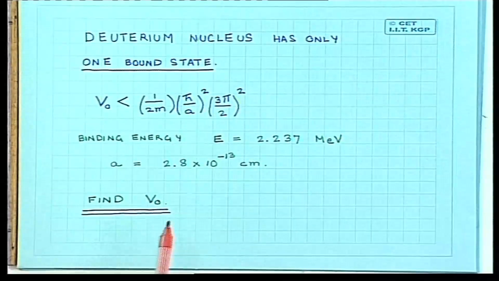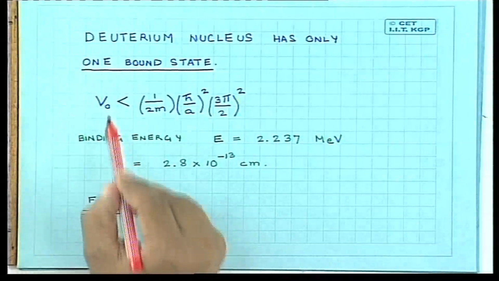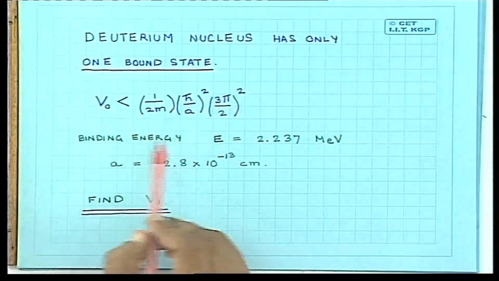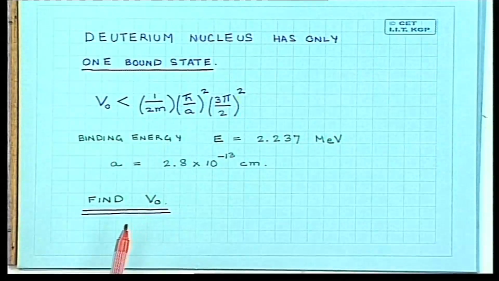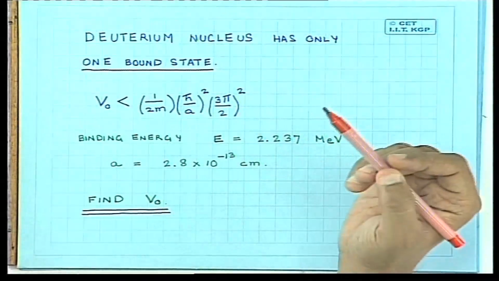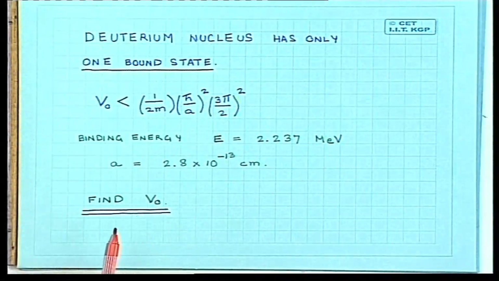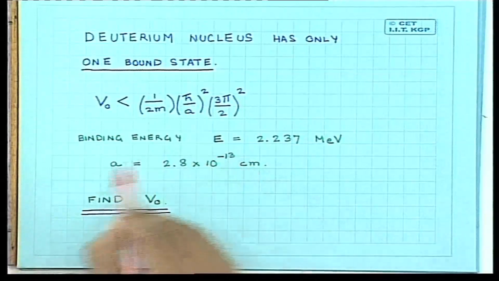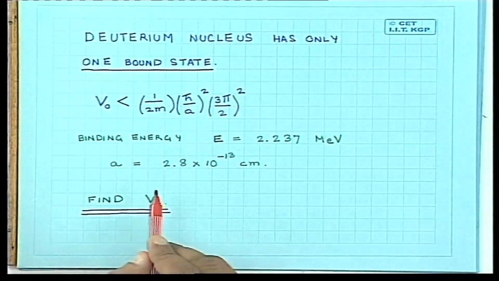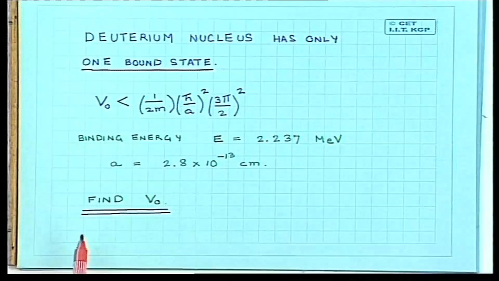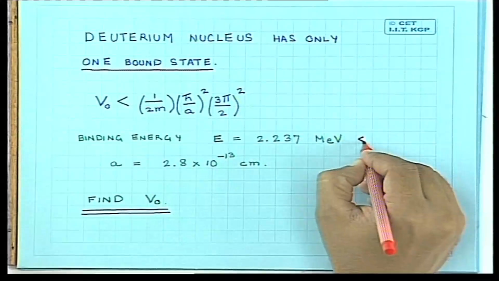So I leave it to you as a problem to find the value of V0. We saw that V0 must lie in some range if there is to be a solution. Now I tell you the value of the energy, which is the solution. I also tell you the width of the potential well. So you have to solve the equation for the energy and find out the value of the potential for which this is actually the solution.